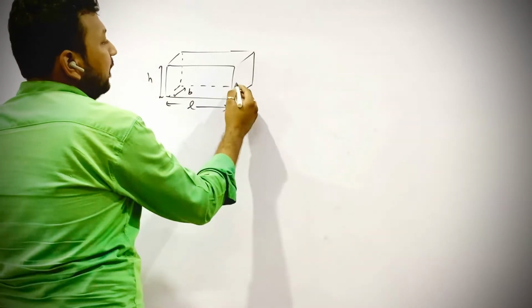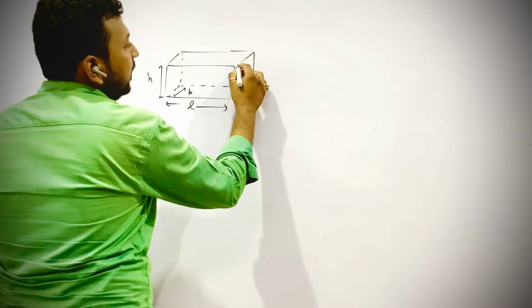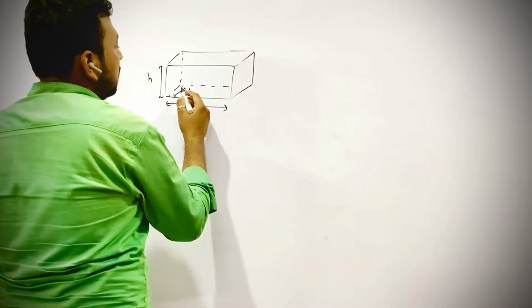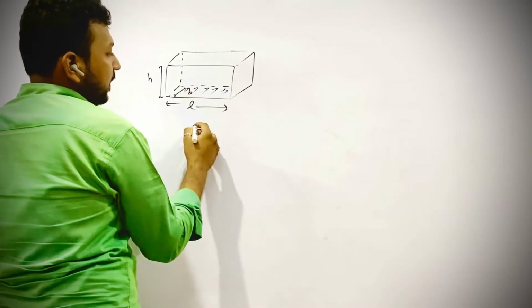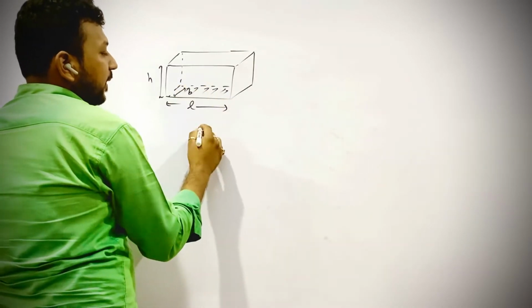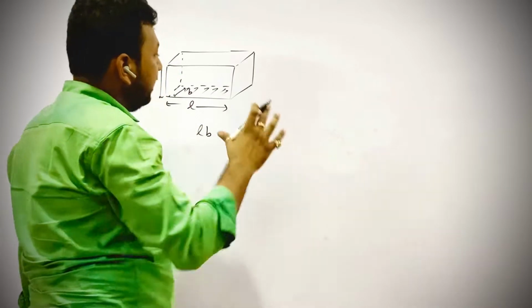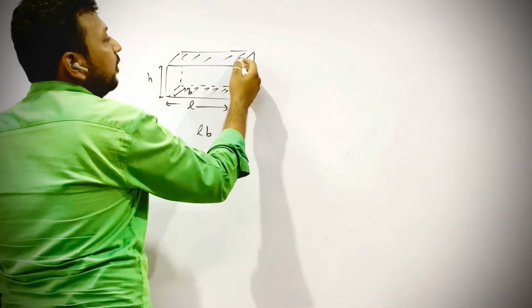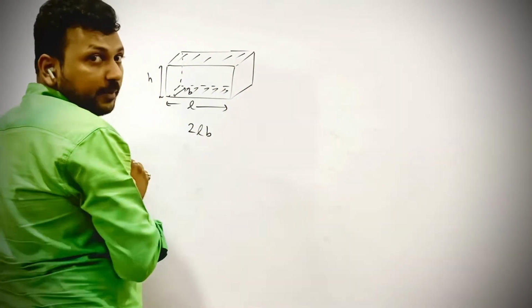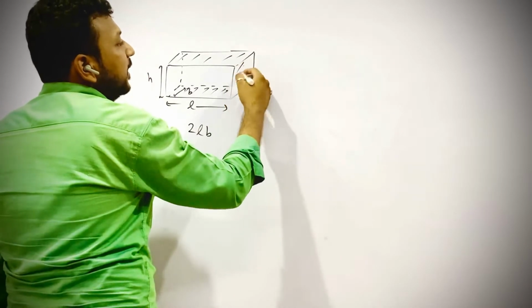So what is the area? If you see the area of this, it is L into B. It is a rectangle, L into B. Similar is the area of the roof, that means 2 times. If I consider this side, what is the area?